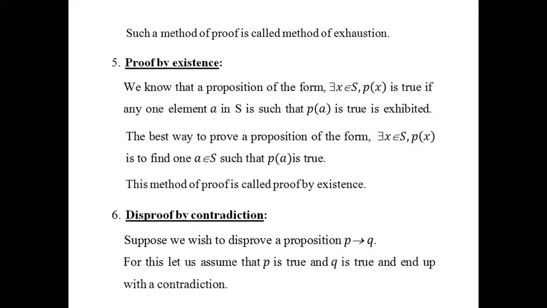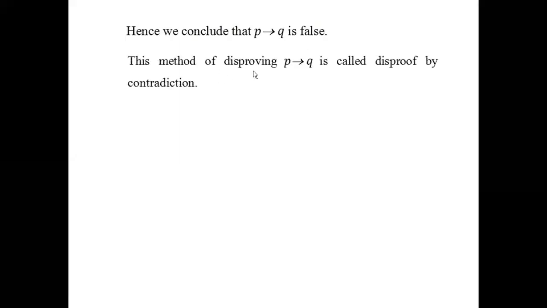Then for this, let us first assume P is true and Q is true and try to arrive at a contradiction. Hence, we will be able to conclude P conditional Q is false. So this method of disproving P conditional Q is called disproof by contradiction.